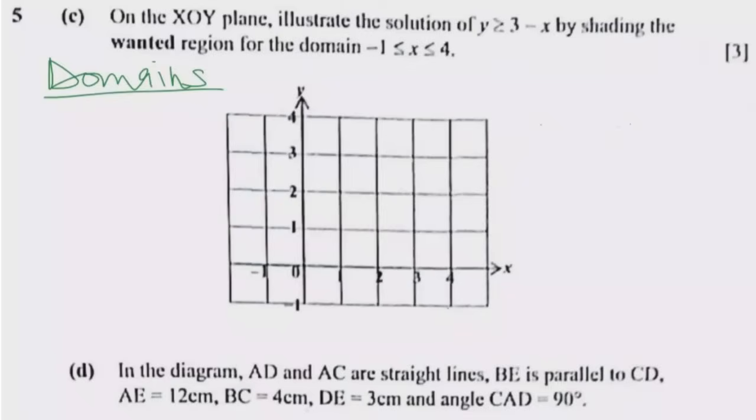We are told that the domain is -1 less or equal to x, less or equal to 4. So that means -1 will be included. That is -1, not plus, please.